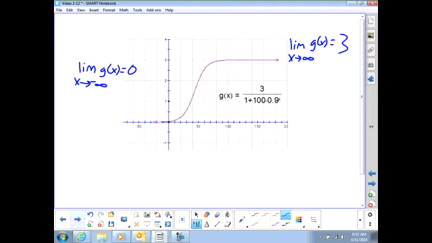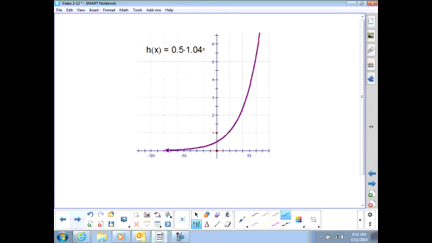One to represent what we're approaching when we go to positive infinity, one to represent what we're going to when we approach negative infinity. If we flip to the next page, our limit as x approaches negative infinity of h of x is getting closer and closer to 0.